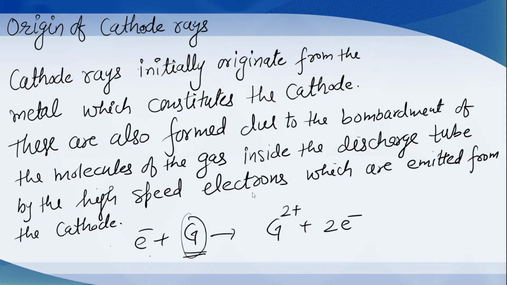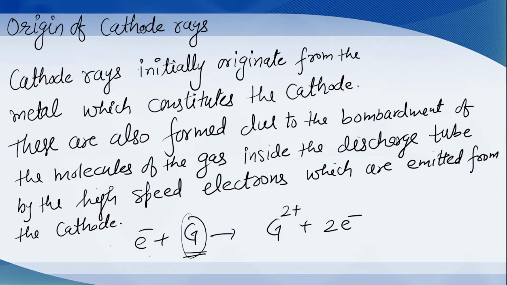of the gas molecules. Okay, so Piyush is right that air gets ionized. First that, and second is the material of the cathode. So the material of the cathode as well as the ionization of the gas are the origin of cathode rays.